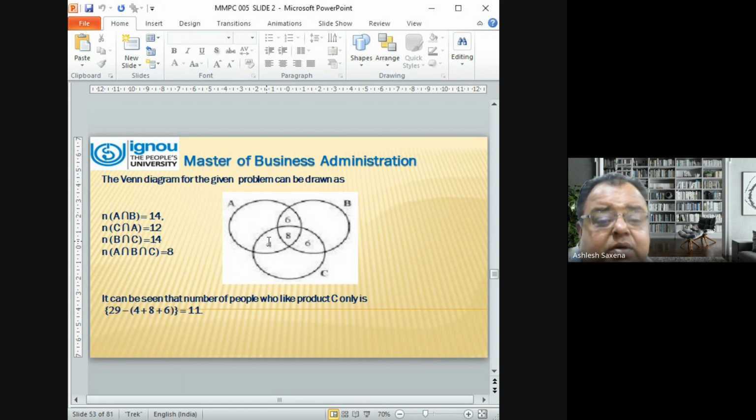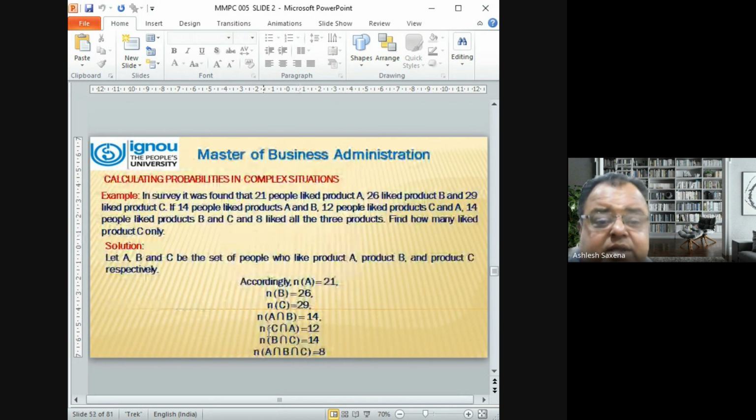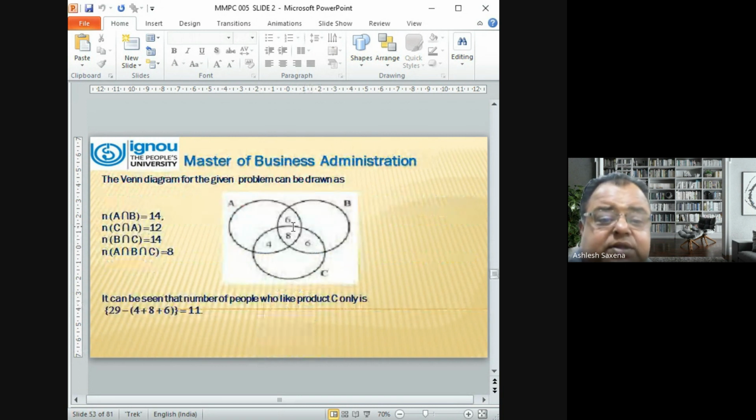Okay. Now we have to find out how many are there who like C. What is the total number for C? Total number for C is 29. Subtract these numbers, because these numbers are included in it and are in common.